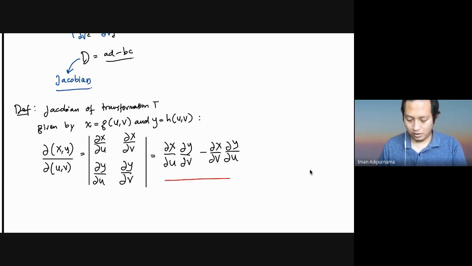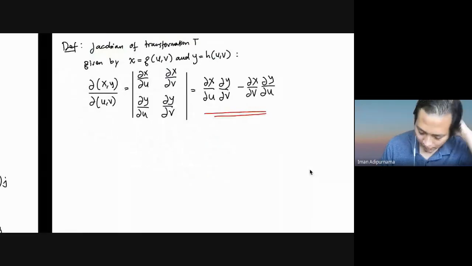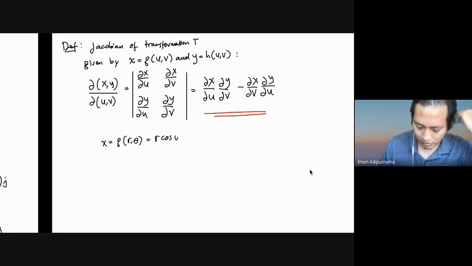And this will be our Jacobian transformations. Okay. Remember the polar part. So if X is, let's say, a function of r, theta, this is r cos theta, right?